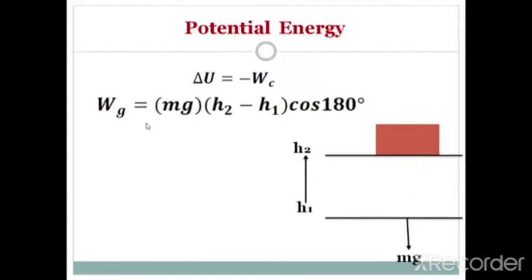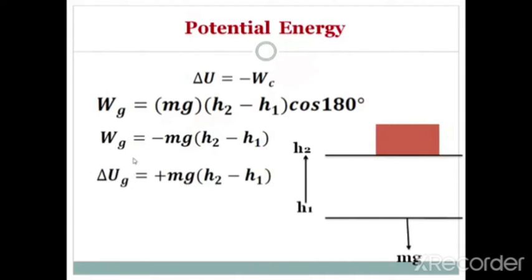In that case, the work done by gravity will be equal to force times displacement. Force being the weight of the object, displacement h2 minus h1, and the angle between displacement and the force here is 180 degrees. Simplifying this, we get work done by gravity is minus mg(h2 minus h1).